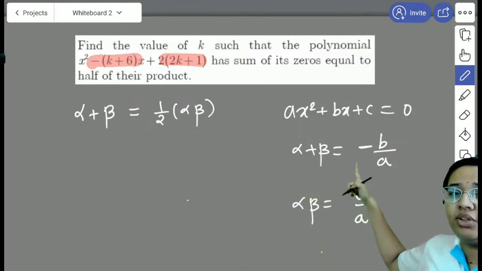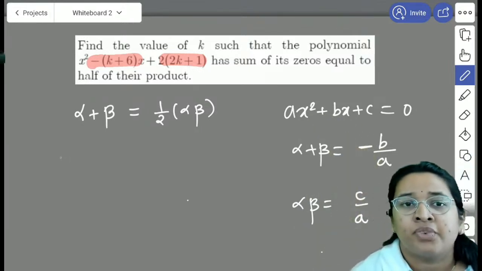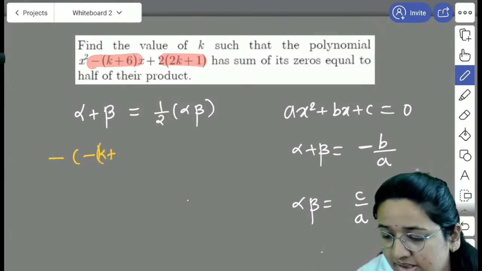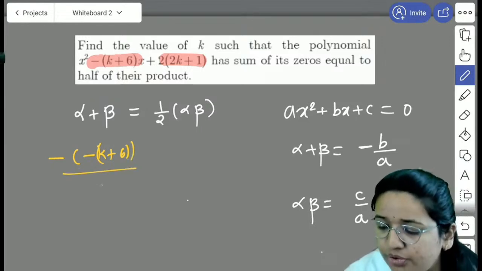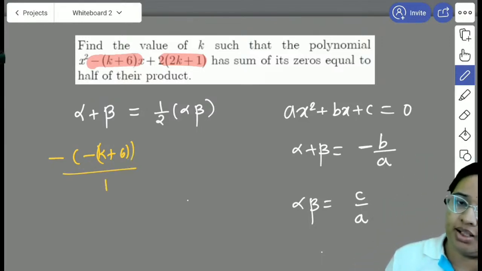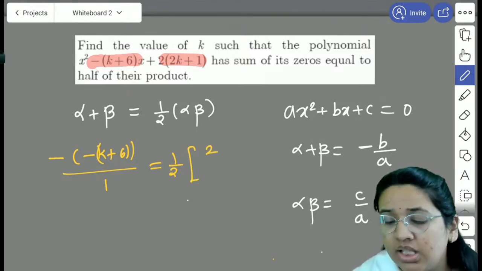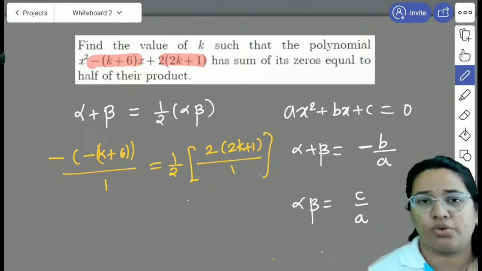Alpha plus beta is equal to minus of coefficient of x, that is minus of k plus 6, upon coefficient of x square, which is nothing but 1, is equal to half of constant term upon coefficient of x square.